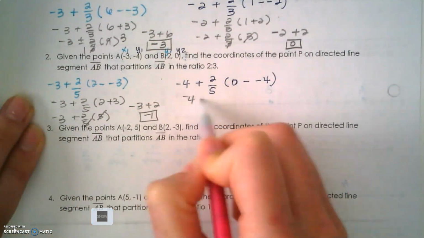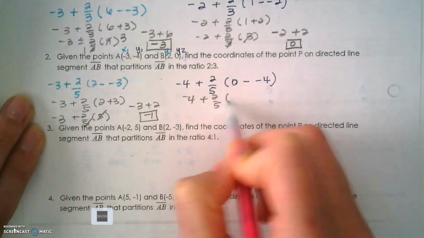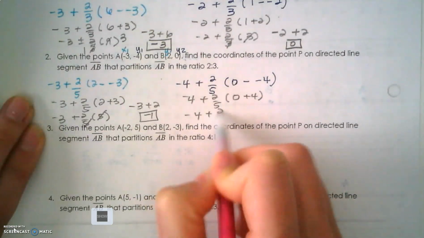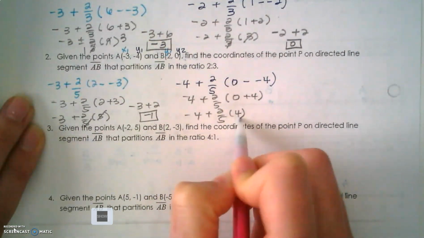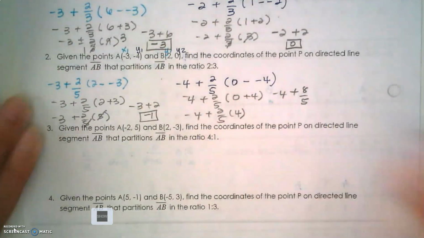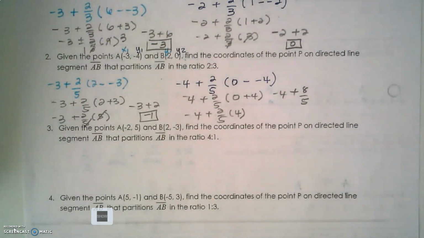This is -4 plus 2/5, 0 plus 4. So -4 plus 2/5 times 4. Well, that's going to be -4 plus 8/5. Well, Miss Walsh, what do I do? Well, I know most of you are going to use your calculator, but let's review how to make these fractions the same.